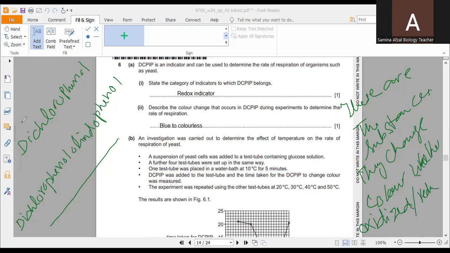Their color change occurs from blue to colorless. So in the presence of DCPIP, the dye can accept these electrons. So I would like to write the answer of the next question.